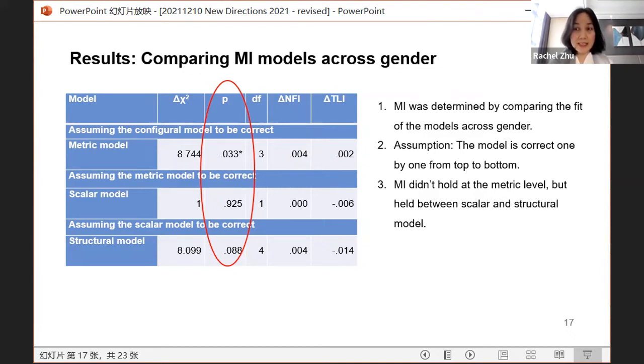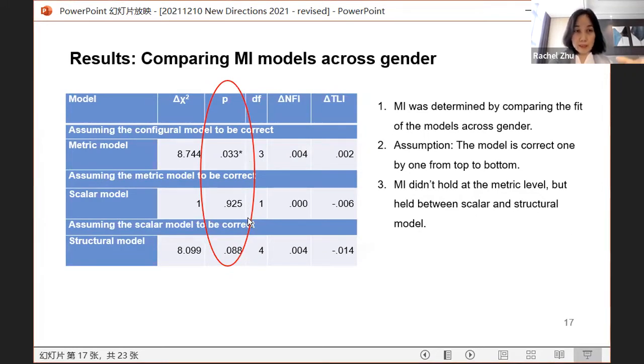And this indicates that adding constraints to the Configural model results in the misfit of the metric model. So the measurement invariance didn't hold at this level, but on the contrary, the comparison between Scalar model and metric model showed that the measurement invariance was present at the Scalar level.